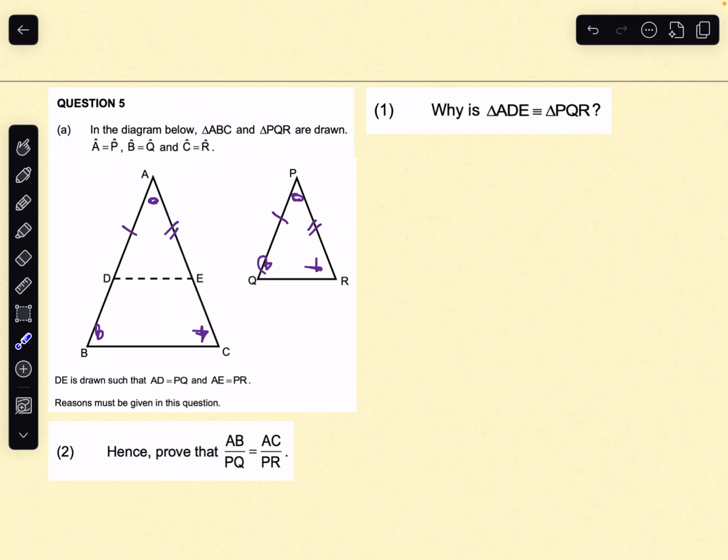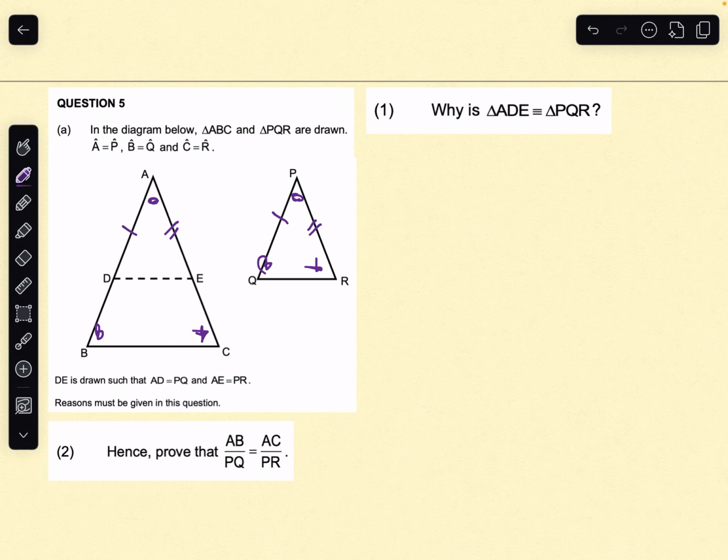AAS, and the last one is RHS, which would be if you had a right angled triangle and the hypotenuses are equal and another side is equal. In this case, we've got the SAS case, right? We've got this side equal to this side, and the included angle is also equal. So that would be the proof.